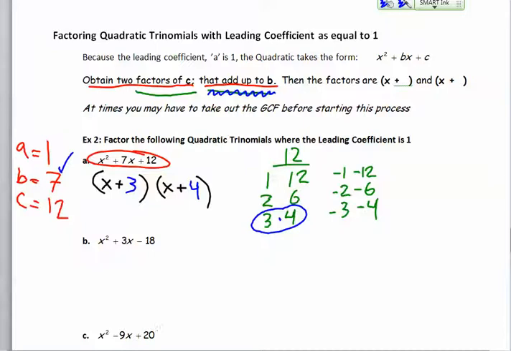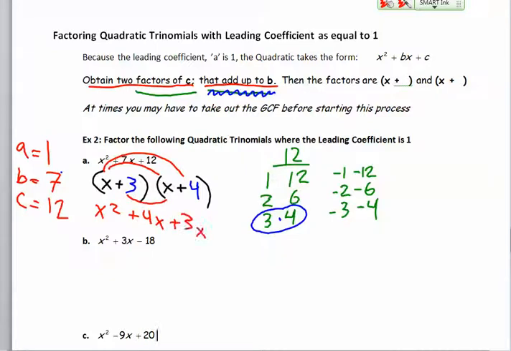I can double check that by foiling this out. If I just wanted to double check this answer, what would I get if I multiplied? I would get x times x, that's my first. That would give me x squared. I would get an x times a positive 4, that's a plus 4x. I would get a positive 3 times x, that's plus 3x.